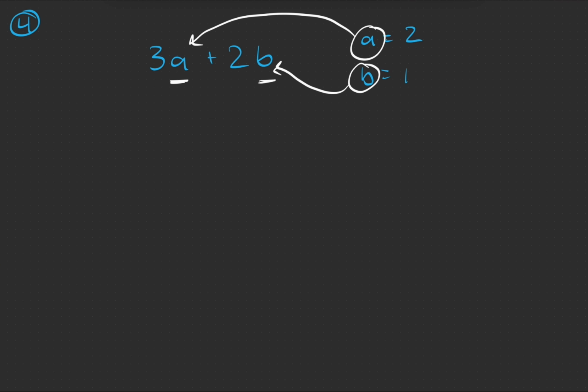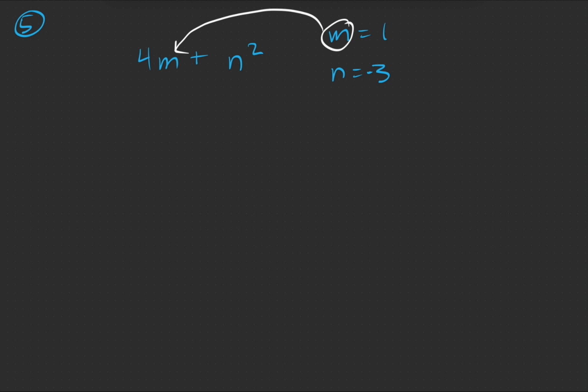If there was an x or a y or a z or a q or a delta or a lambda, you would approach that the exact same way. So for us, we're going to do 3 times our value of a, which is 2, plus 2 times our value of b, which was 1. We simplify the math. We do the multiplication, which is 3 times 2 gives us 6, plus 2 times 1, which is 2. 6 plus 2 is equal to 8. So this expression evaluated to 8.